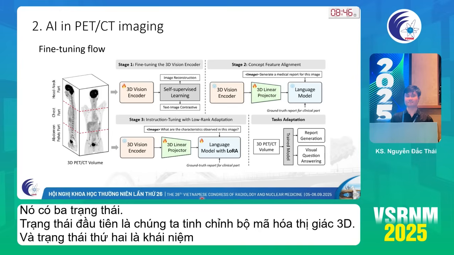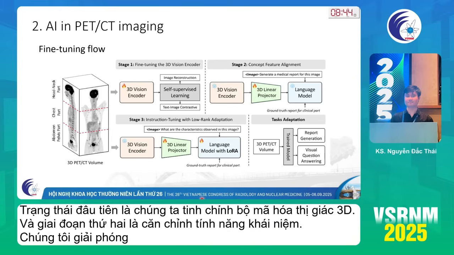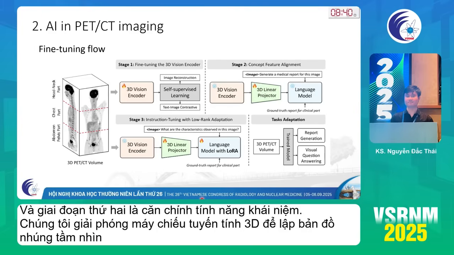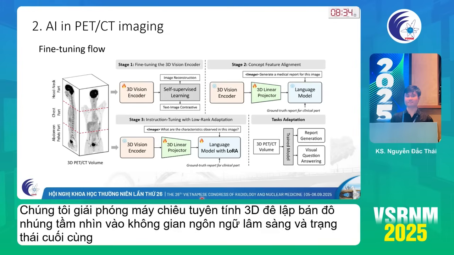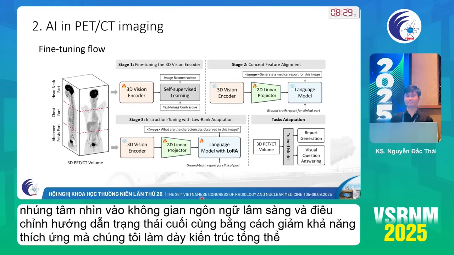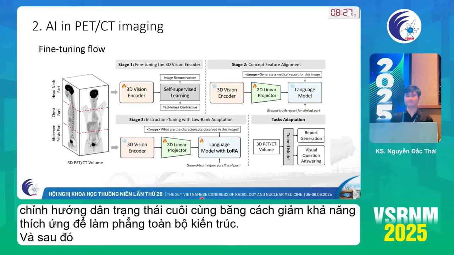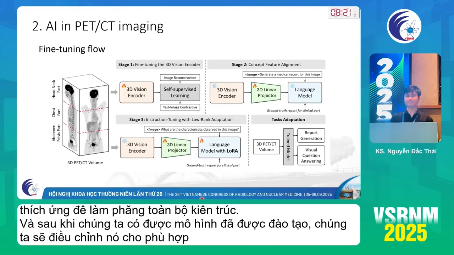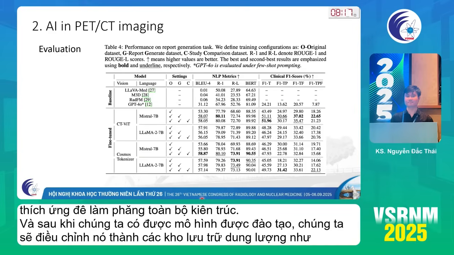We employ the 3D linear projector to map the vision embedding into the clinical language space, and the final stage is instruction tuning with low-rank adaptation, where we fine-tune the overall architecture. And then after we obtain the trained model, we adapt it to downstream tasks like PET-CT report generation and VQA.